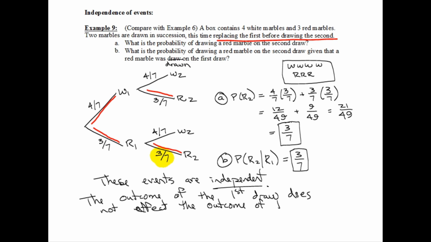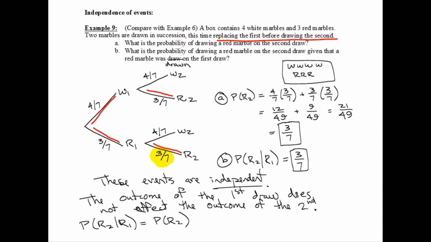And that's because we replaced the marble after we drew it. Okay, what we've just actually done is checked that R2 given R1 is equal to R2. Okay, and because this is true, our events are independent.